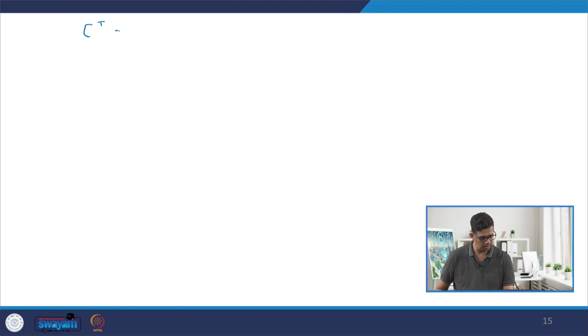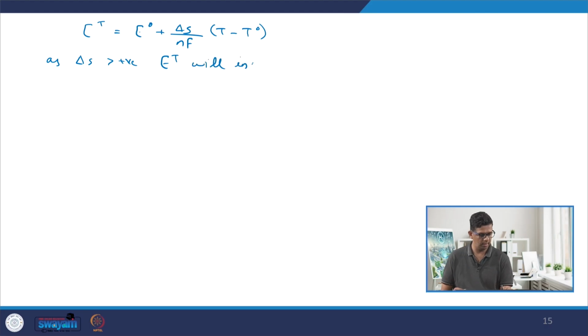So, ET is equal to E naught plus delta S by nF times T minus T naught. So, as this entropy change is positive, ET will increase.